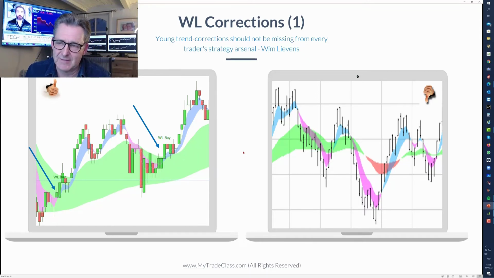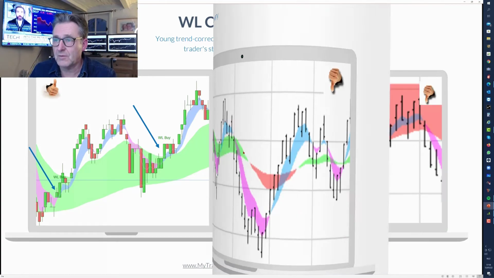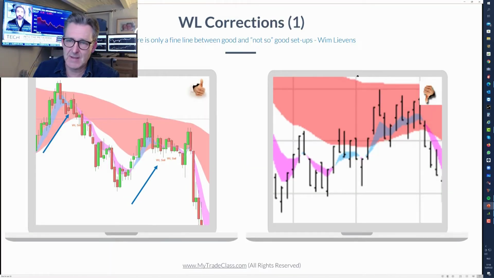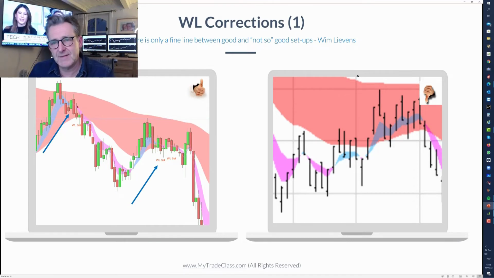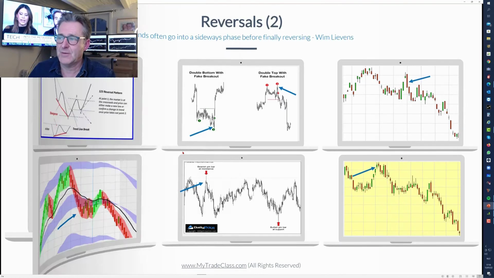We also need to get the signal within the clouds, and we have pretty good results with that. Here you see the same thing. Markets going down, red WL trend, magenta going down, then momentum going against the trend, and then changing again into magenta, and that is when we get a short signal. That's how it is set up.